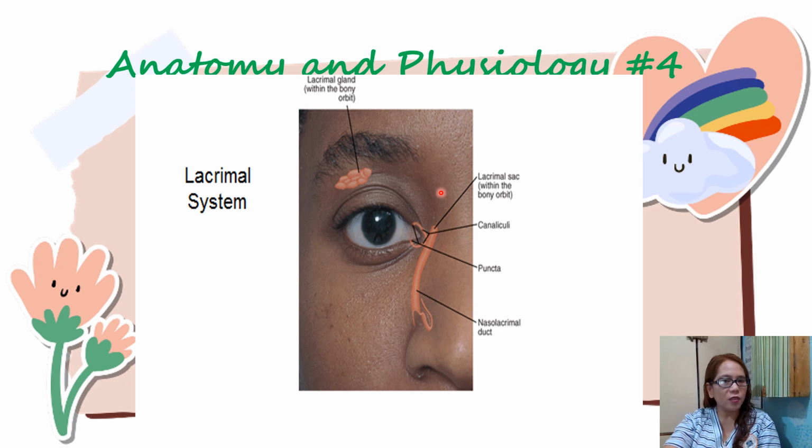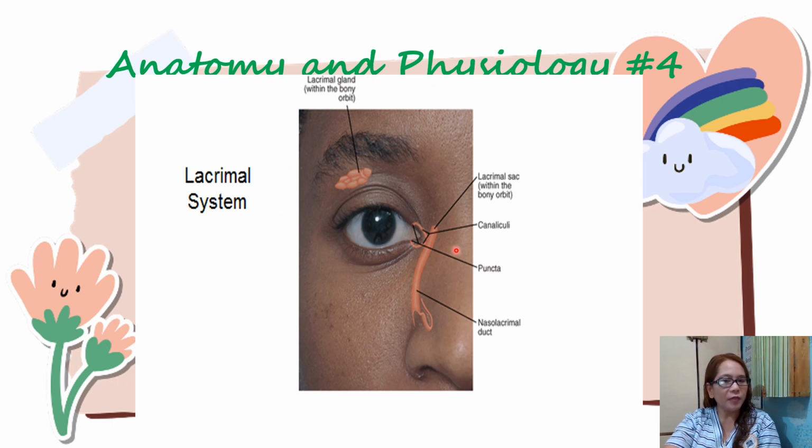Pag nagko-close, pwedeng malacerate ang iyong cornea or ang iyong sclera. It inhibits microbial growth and it gives a smooth optical surface to the cornea. So these fluids came from the lacrimal glands or your lacrimal system.